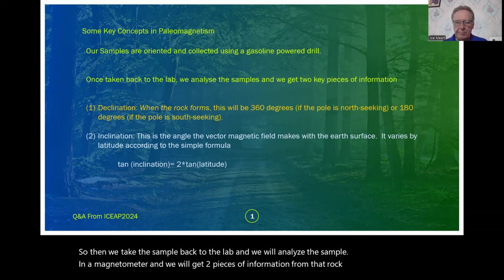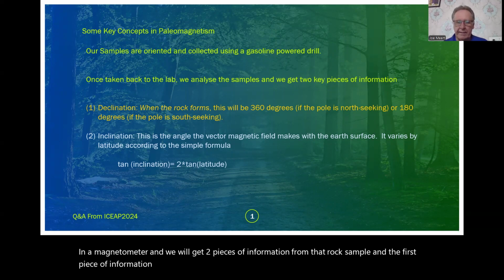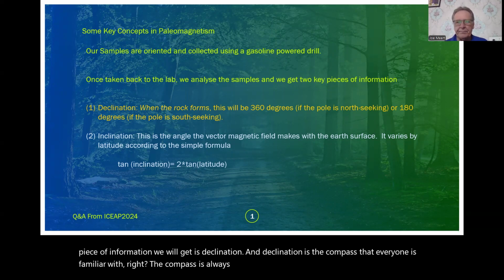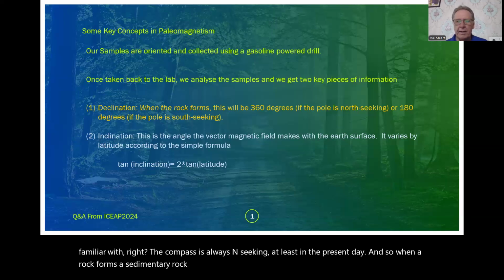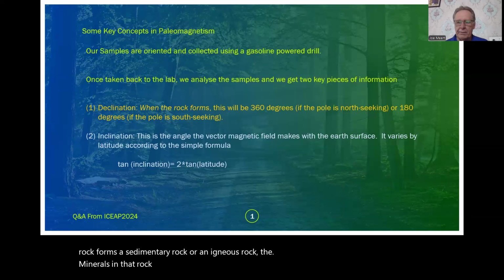The first piece of information we will get is declination. Declination is the compass that everyone is familiar with, right? The compass is always north seeking, at least in the present day. So when a rock forms, a sedimentary rock or an igneous rock, the magnetic minerals in that rock will align themselves with the North Pole, in this case, the North Magnetic Pole.